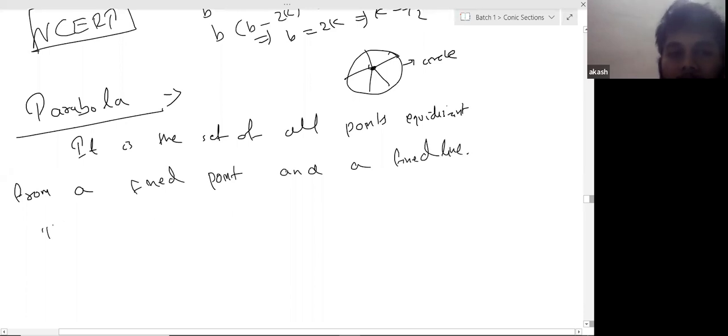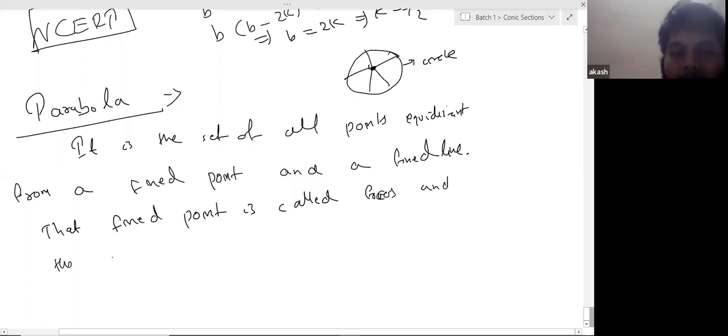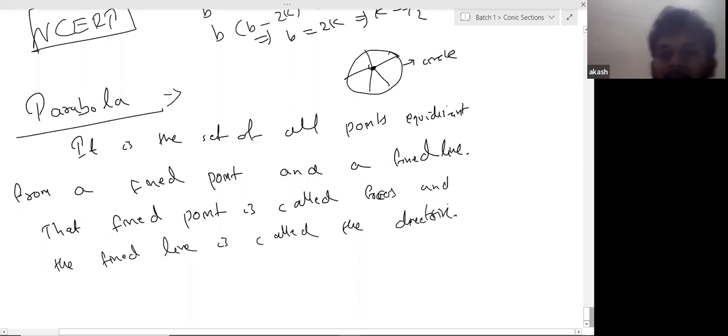All right, that fixed point is called the focus, and the fixed line is called the directrix. Write it down, then I'll explain.